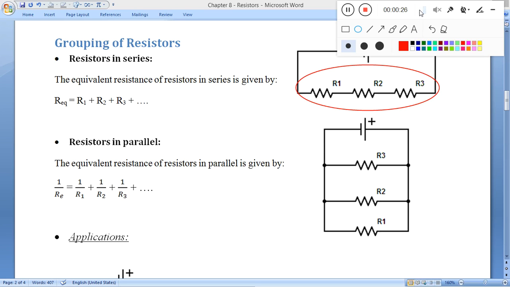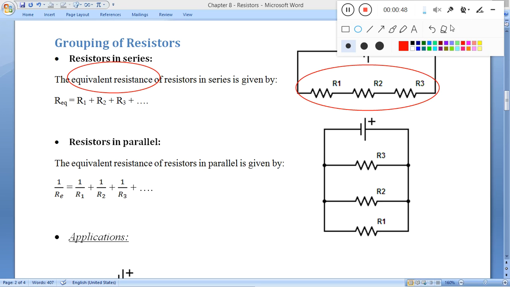Equivalent means equal. So one resistor that's equal to three resistors. This is called grouping of resistors. The grouped or the total resistor is called the equivalent resistance. The equivalent resistance is the resistance that's equal to many resistances.